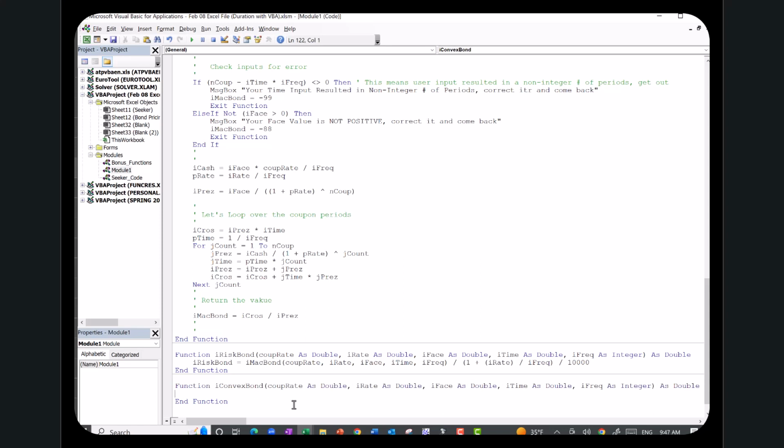Obviously, inputs are exactly the same. And the way I'm going to do it numerically, I'm going to call the iRisk bond at the current yield, and I'm going to call that when the yield is 1 basis point above.